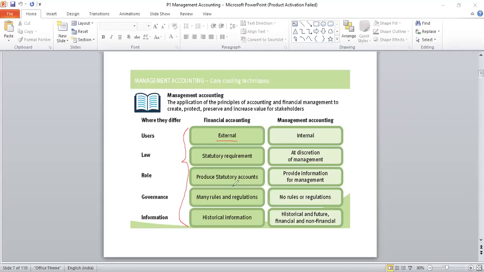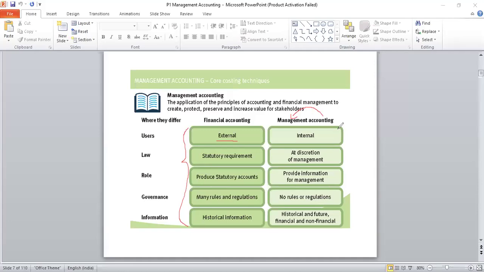That's financial accounting. Management accounting is an accounting system for the management. The purpose is purely internal, for providing some information to the management for decision making. Management accounting is followed in an organization, but there is no such thing that this is mandatory.